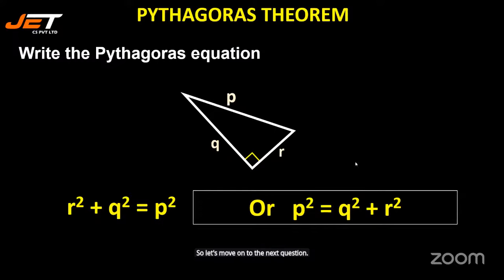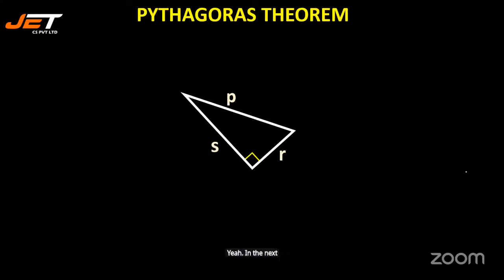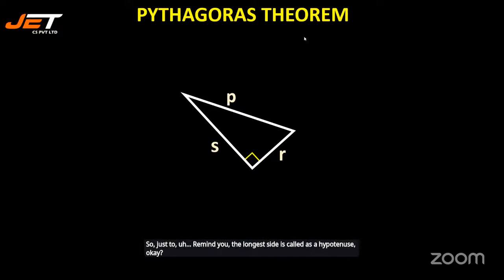Okay. Put this down, in fact. Yeah. See the next question. Quickly give me the answer for this. You have to give me the length. What is the hypotenuse? I'm sorry. What is the Pythagoras theorem in this? So just to remind you, the longest side is called as a hypotenuse. Okay.